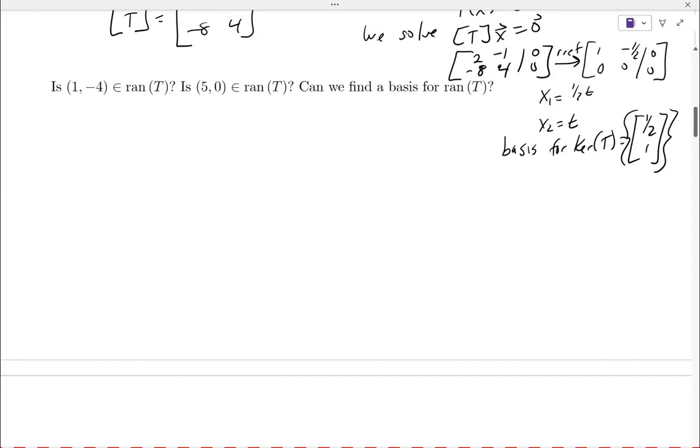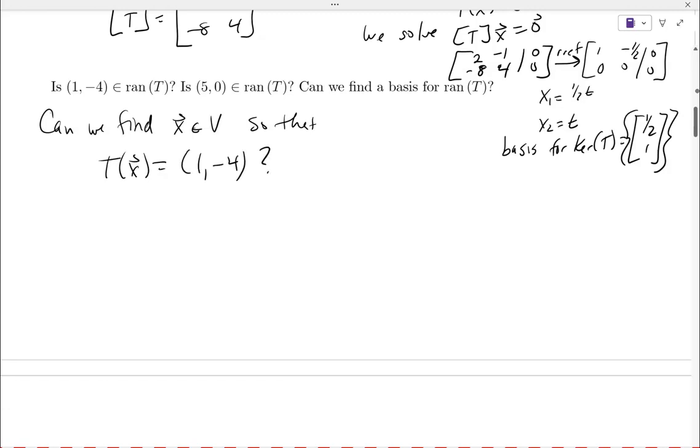So again, the whole idea is, can we find some x in our domain so that T of x is equal to the vector 1, -4? That's the question we're asking, right? If it's going to be in the range.